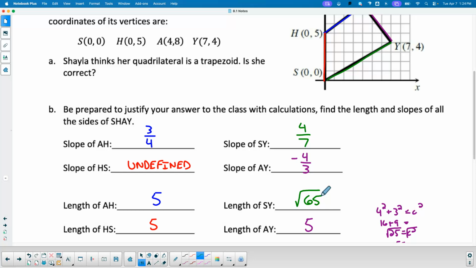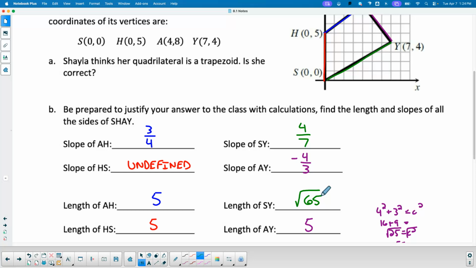So we've got three sides that are the same length. If we've got three sides that are the same length, do we have a special quadrilateral for that? No, we don't for that one either. So it's not anything based off of the sides being perpendicular or parallel.